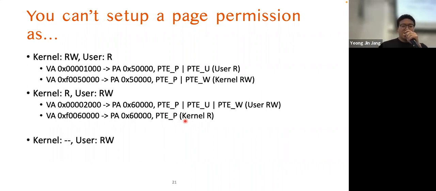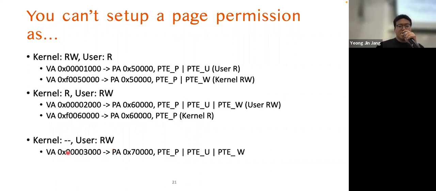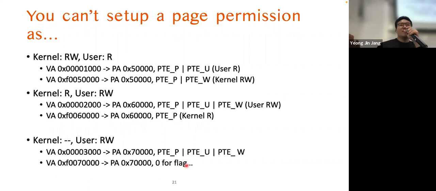And for the case where you don't want to give the kernel access, but you want to give the user readable, writable access, just have that address with all the flags up, but remove the entry. Removing the entry means not setting the PTE_P. Then you can remove the access from the kernel.